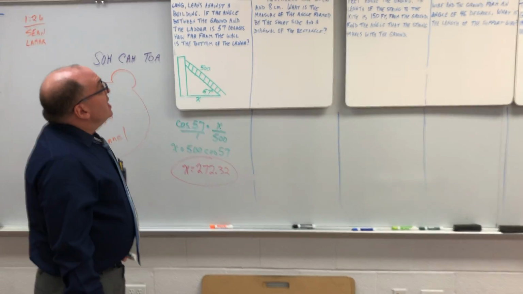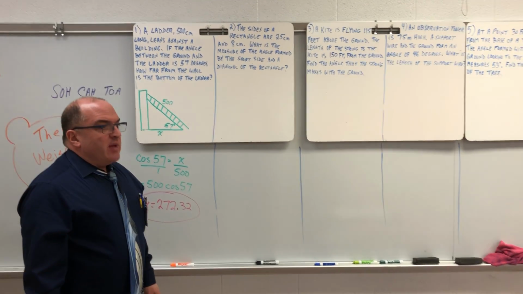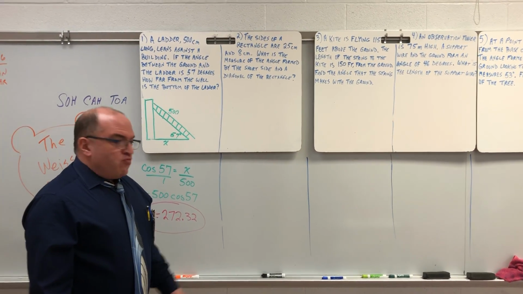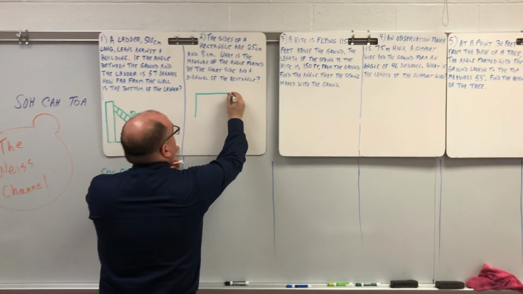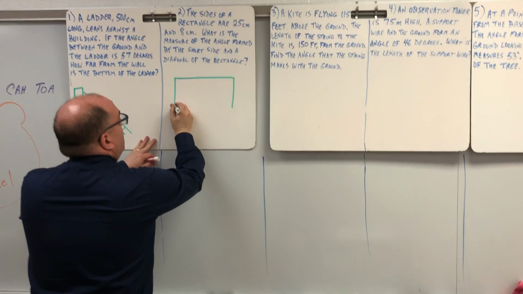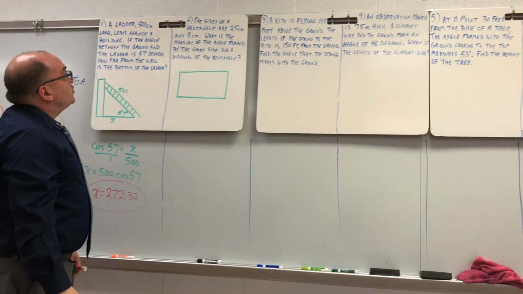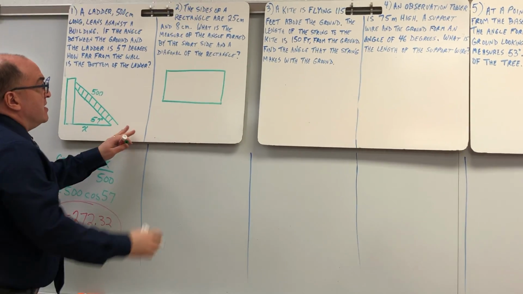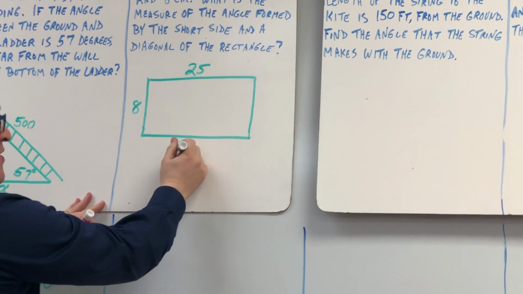Thanks. All right. The sides of a rectangle. Guess what I'm going to draw? A rectangle. The sides of a rectangle are 25 and 8. And of course, if that's 25, this is 25.